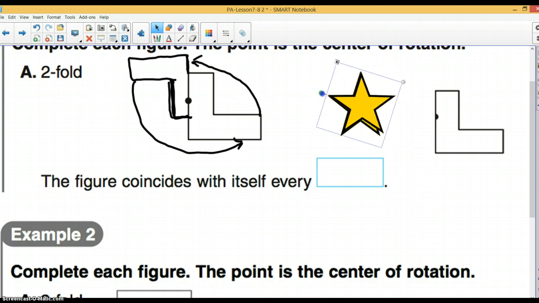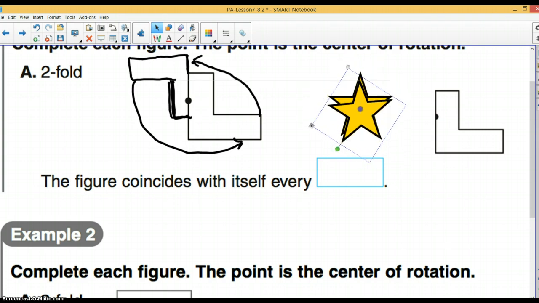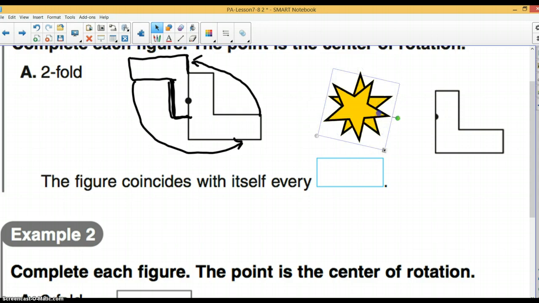That would be one fold. 2. Again, this shape isn't exactly centered perfectly. So 3, 4, and 5. So we would have 5-fold symmetry on this star.